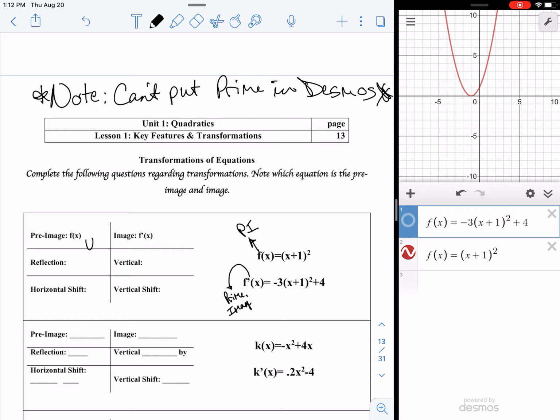So I'm going to write down information about it. This graph is red. The image just so happens to be blue, and the blue image looks like an N, so U and N change shapes. Therefore, there has been a reflection.